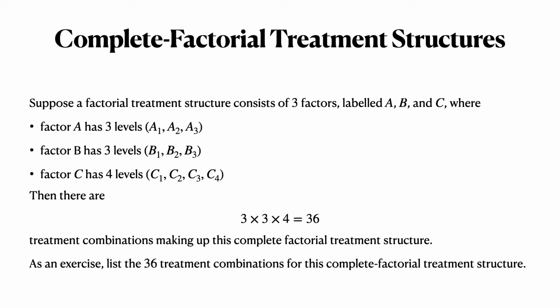And factor C has four levels, denoted by C1, C2, C3, and C4. In this situation, then, there are 3 times 3 times 4, or 36 treatment combinations making up this complete factorial treatment structure. Now, as an exercise, list the 36 treatment combinations for this complete factorial treatment structure.